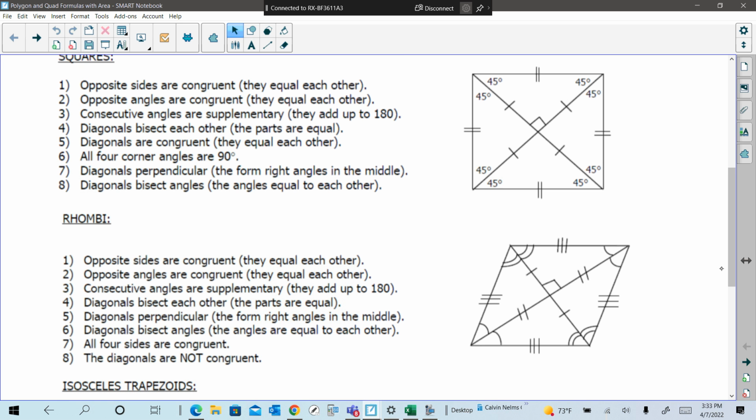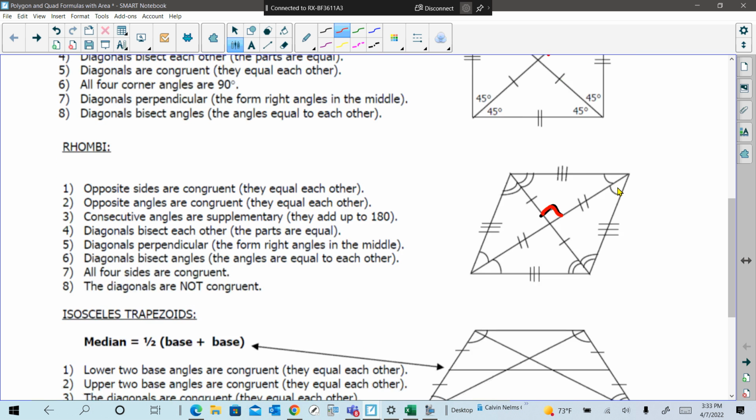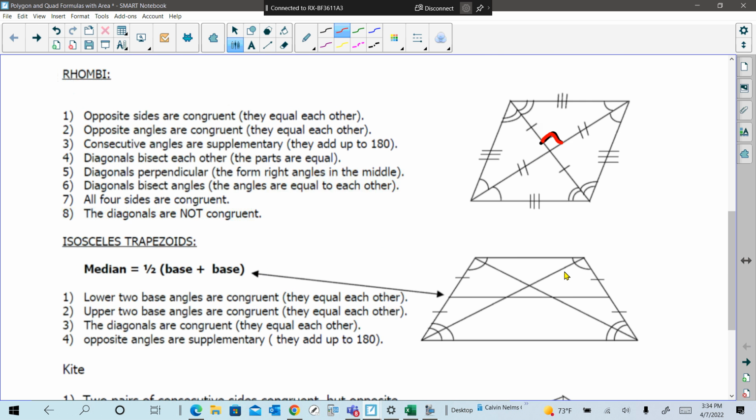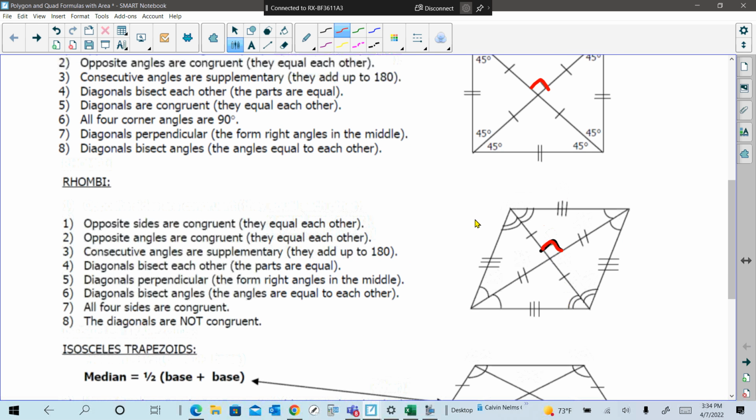Anytime I see this little box here, that only happens with certain shapes. It happens with the square right here, the rhombus, and the kite. Of the three, the shape I knew it was going to be related to on number 17 was a rhombus.